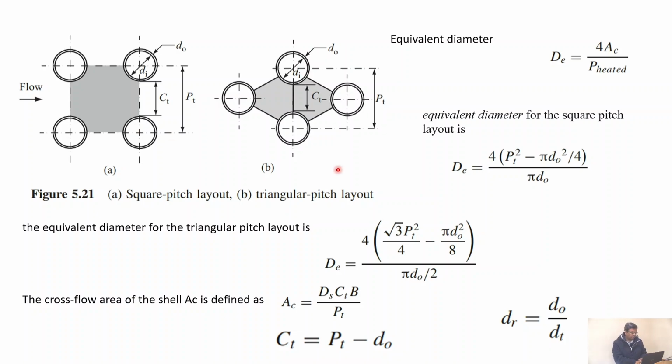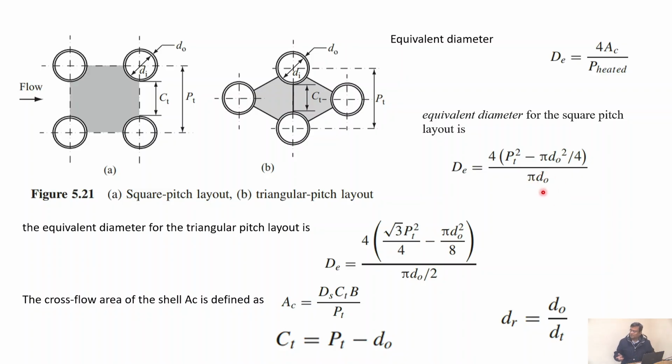Okay, this is what we have done here. So essentially it's 4 times PT squared minus 1/4 of tube outside area. I mean cross section area, but based on the outside diameter. Right. So this is pi Do. Do is the outside diameter.